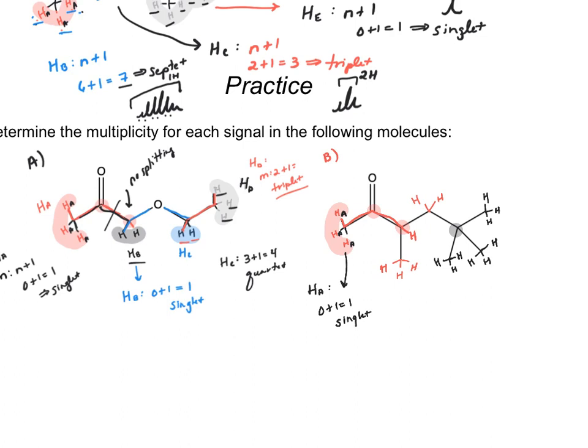As we move on, we'll go to this guy next. This is a methine proton. It's by itself. But now there's something different that's going to happen here, right? Comparatively, if we count in, we've got 1, 2, 3.